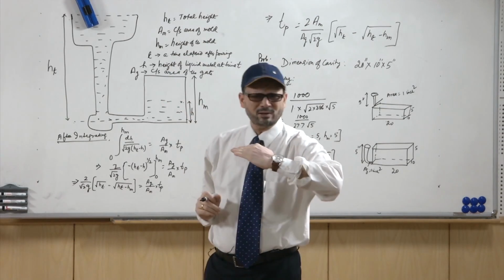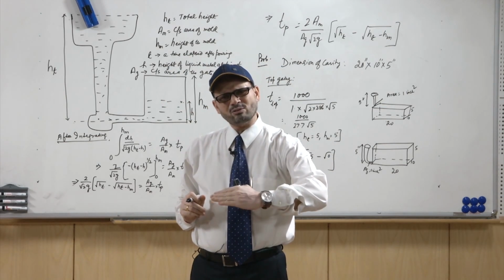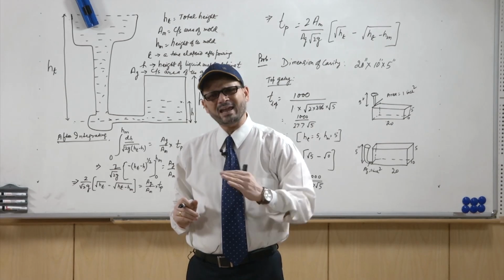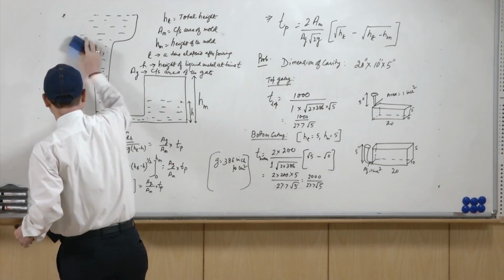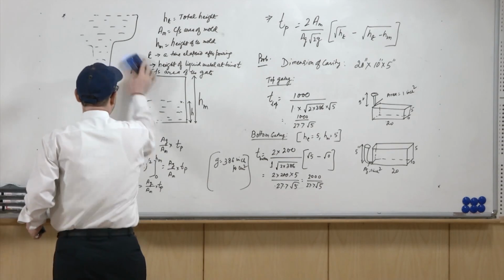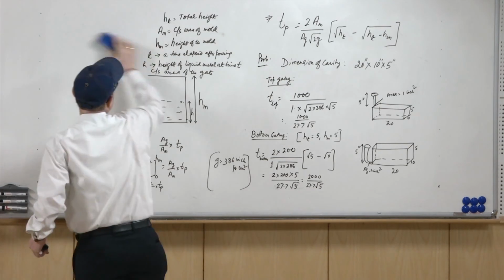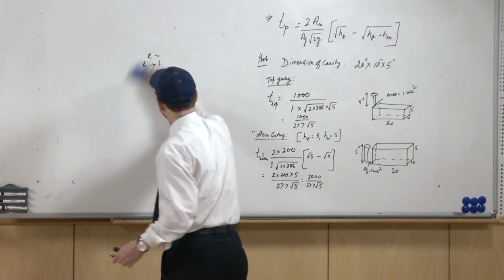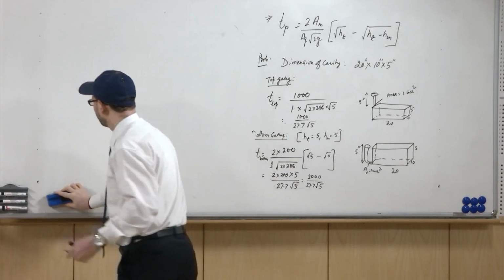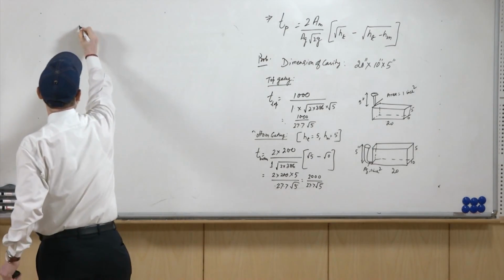So, first portion will be the calculation of the pouring time using the top gating principle. We can look at the figure and try to make it out how to find the pouring time in case of parting gates.